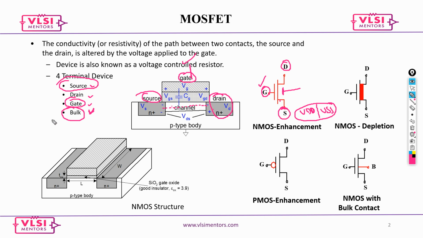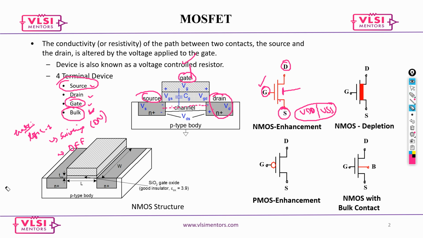When the gate is at logic 1, that is switching, or we call it on. And then there is something called off.